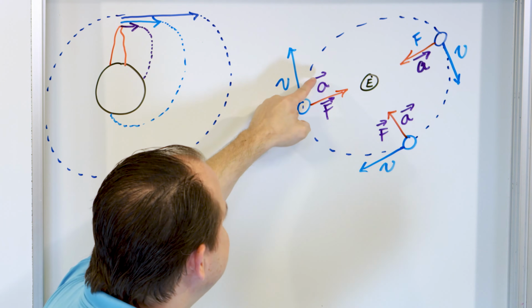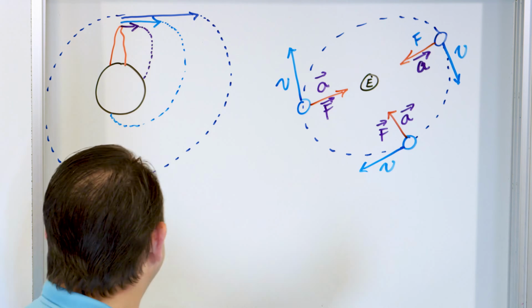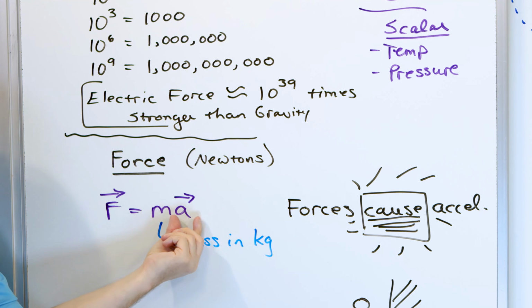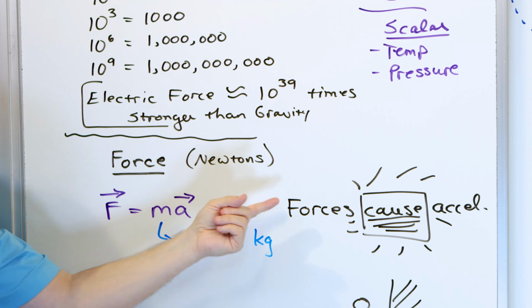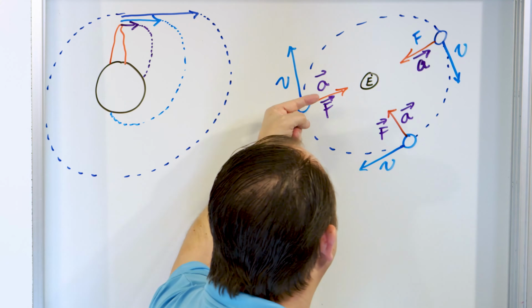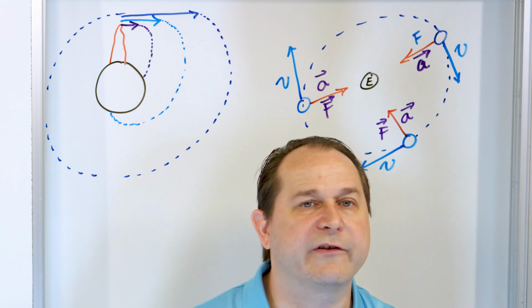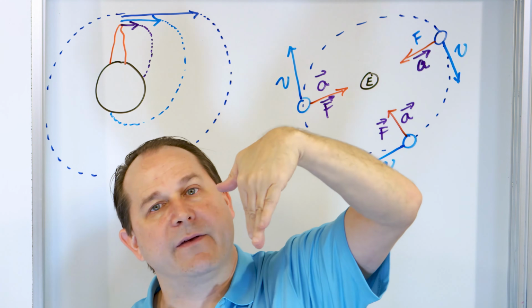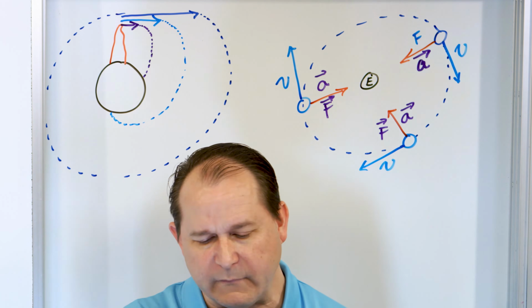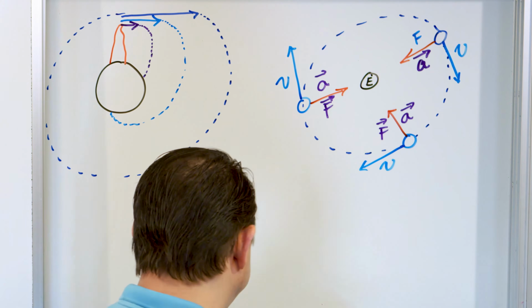Notice the force is in the same direction as the acceleration in all of these cases, which is exactly what this vector equation tells us. The force and the acceleration are in the same direction because forces cause acceleration. The force of gravity is what's causing the acceleration, which is causing the change in the path of this satellite, which is what an orbit is. All right, let's move along.